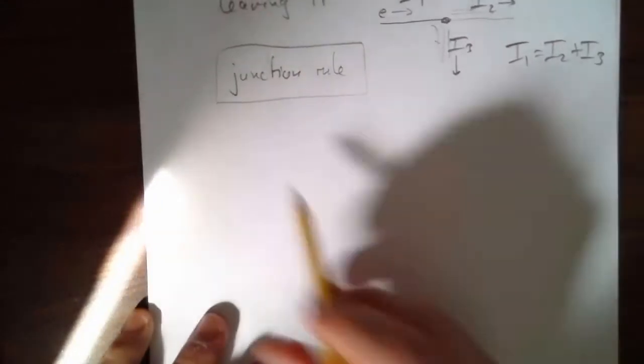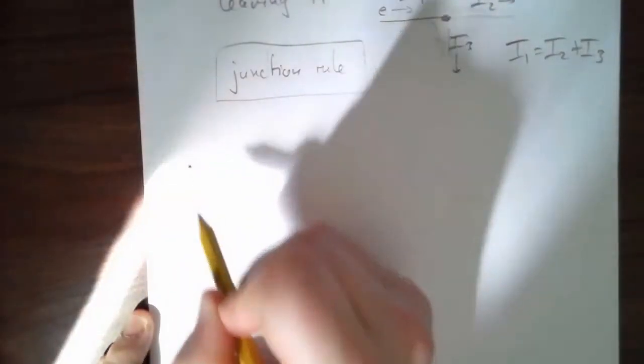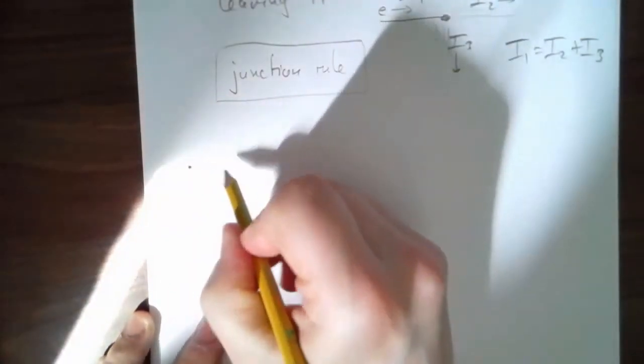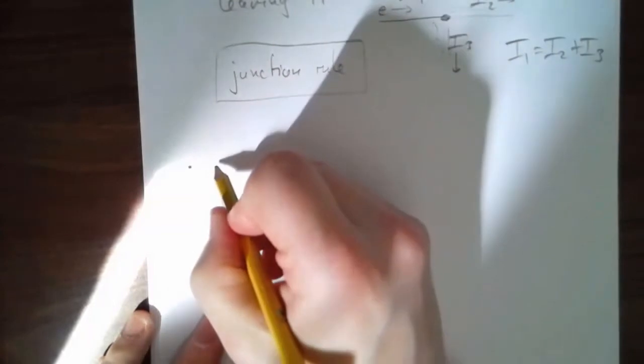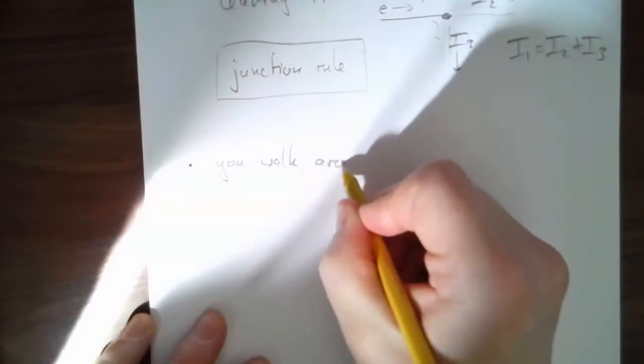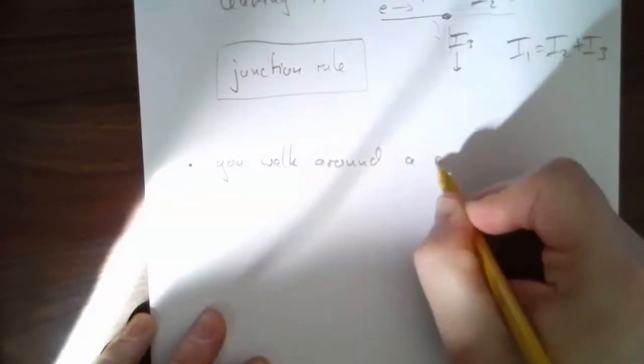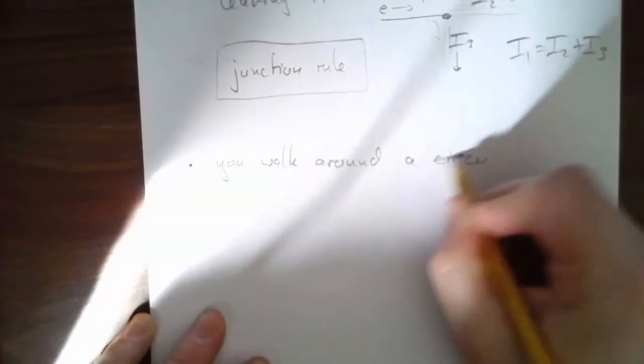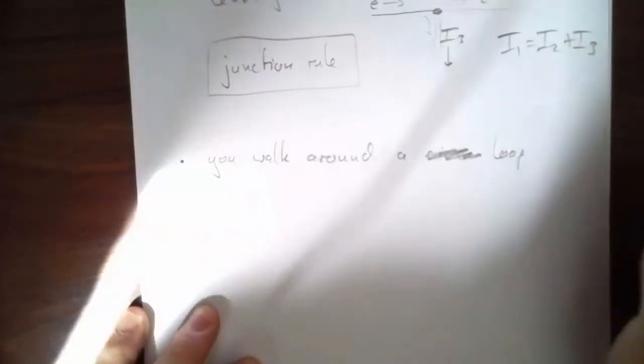The next rule is to do with understanding voltage, and what it says is that if you imagine you walk along the circuit, you walk, could be with your finger on the map, right? You walk around a loop, and end up where you started.